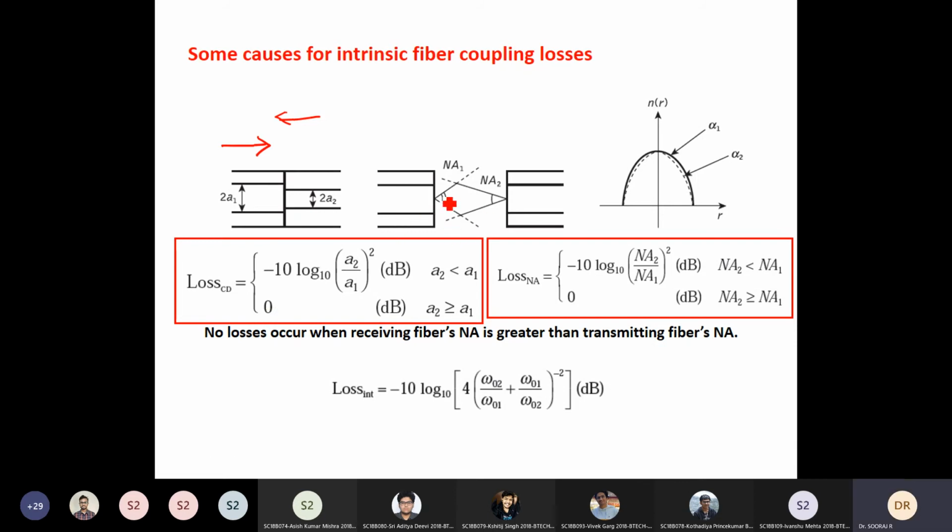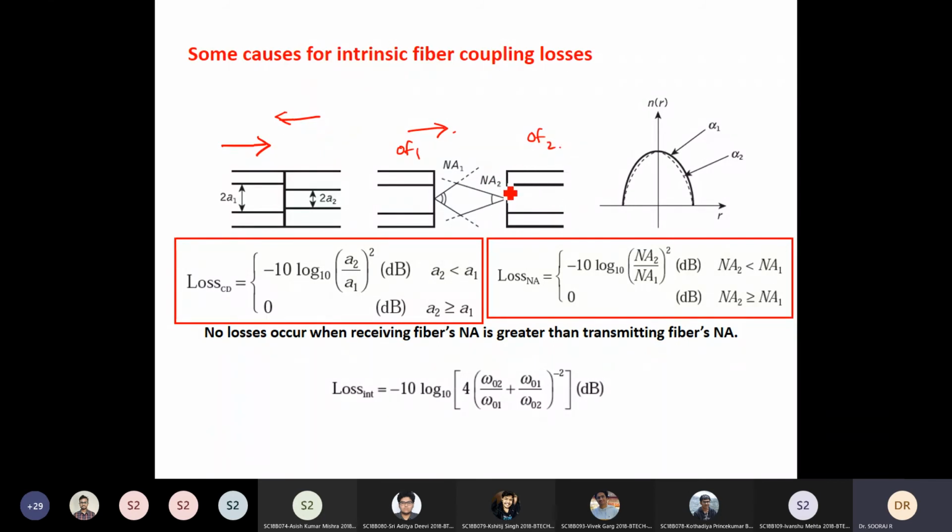Similarly, when you are joining two optical fibers, you will have to ensure that the numerical aperture of these two optical fibers matches. If I am launching from left to right, let's say this is the first optical fiber, this is the second optical fiber, and the second optical fiber has a smaller numerical aperture.